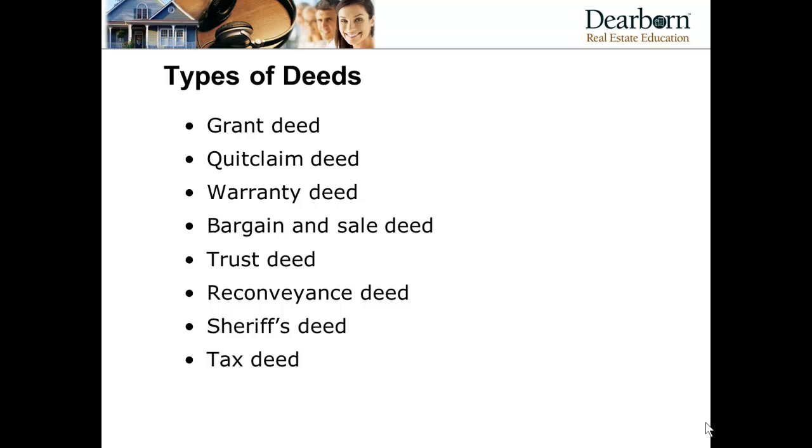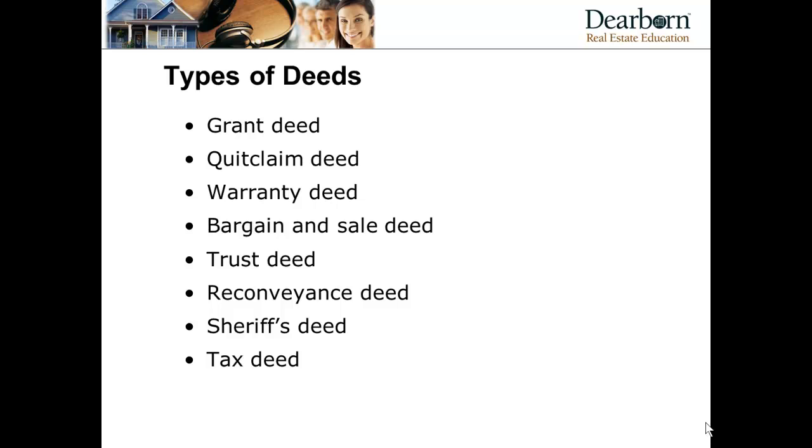The next one, the quitclaim deed, has no implied warranties. So that's saying I might have an interest, and if I do, I'm granting it to you. You'll see this used sometimes when there are co-signers on a loan. They'll use a quitclaim deed to transfer any rights they may have had. Sometimes in divorce actions you'll see this as well, where it doesn't imply that the spouse necessarily had rights to the property.